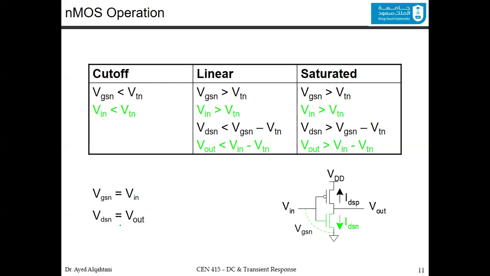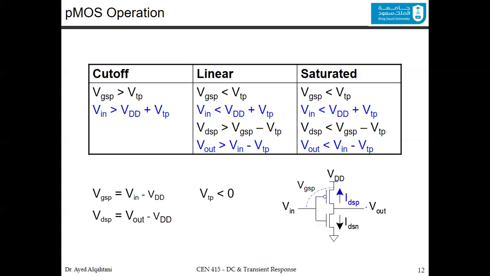Similarly, in the output, you have the relation between the output and the ground, and the VDSN is equal to the V out. This is for the NMOS operation. So notice that there is a very good assignment here, where the VGSN is actually the V input, and the VDSN is actually the V output. If we want to do this for the PMOS operation, you can compare between the slides. I will go back and forth quickly so you can compare. Notice the inequalities here.